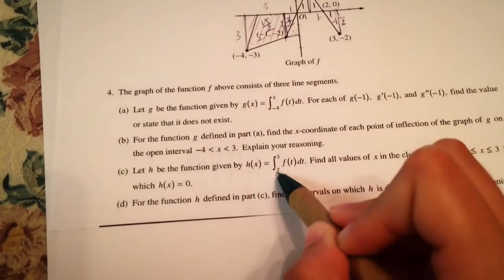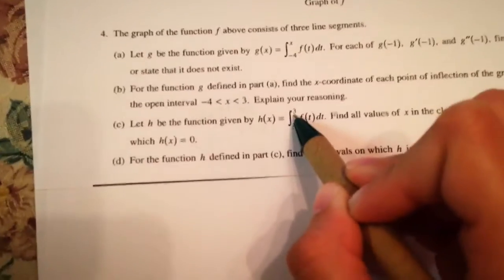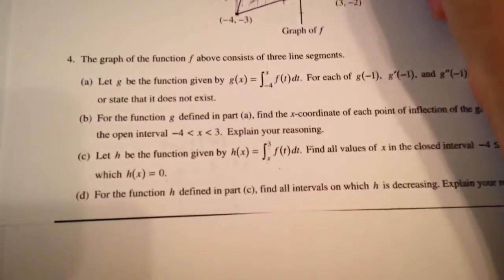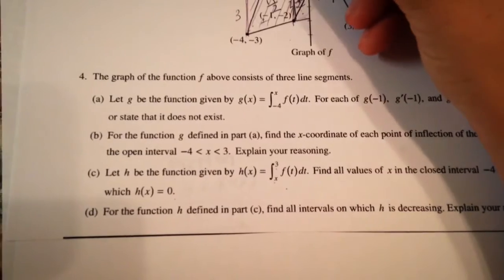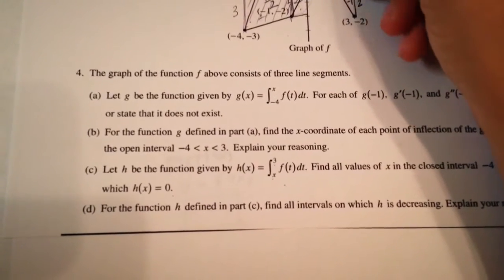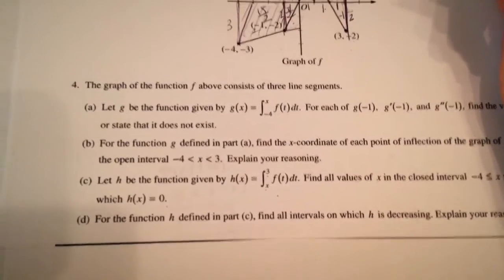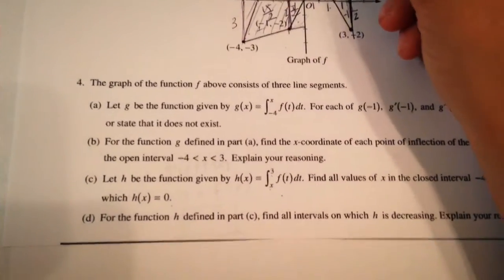So now let's look at our integral. So now we're going from x to 3. So right here, it would have to be right here. 1, 2, 3. So let's see when these areas are going to add up.